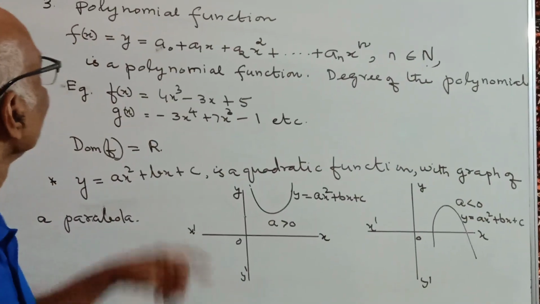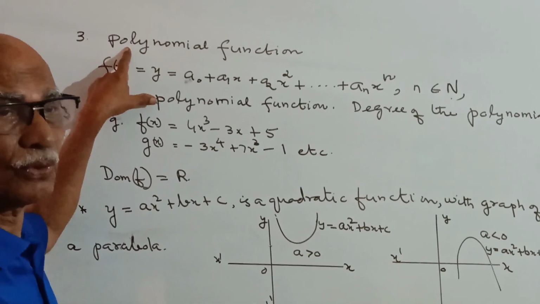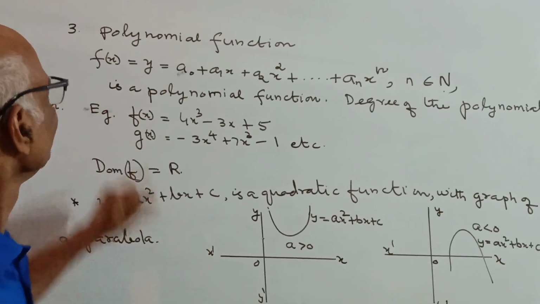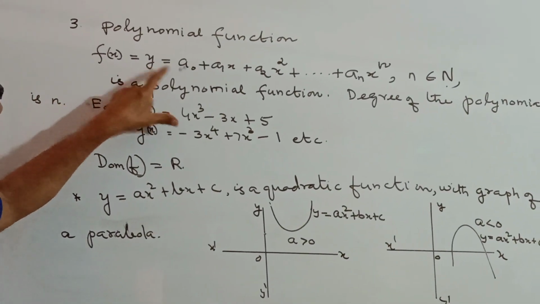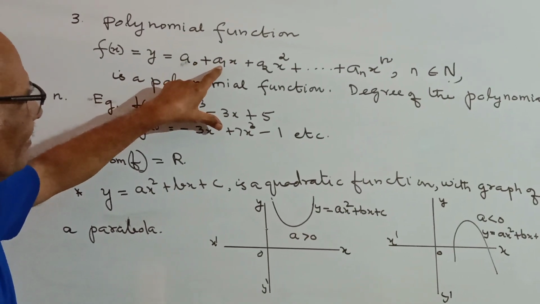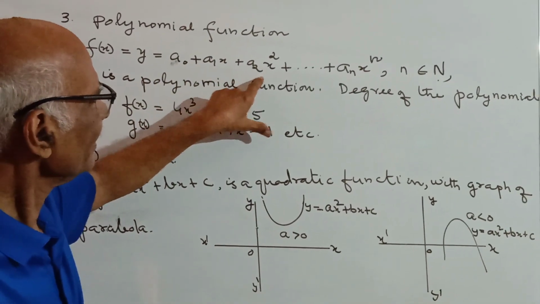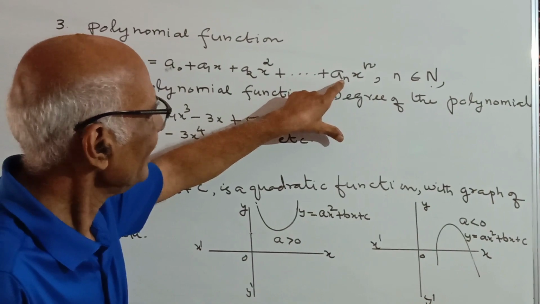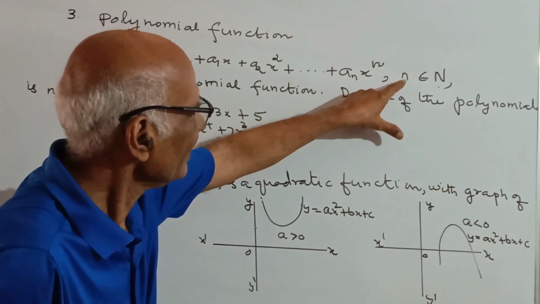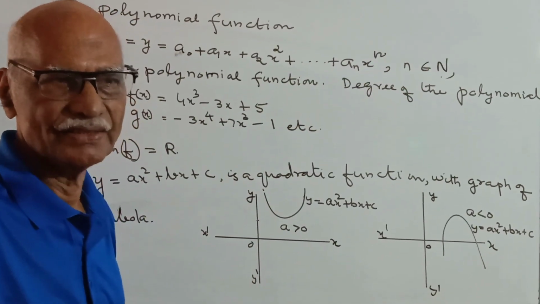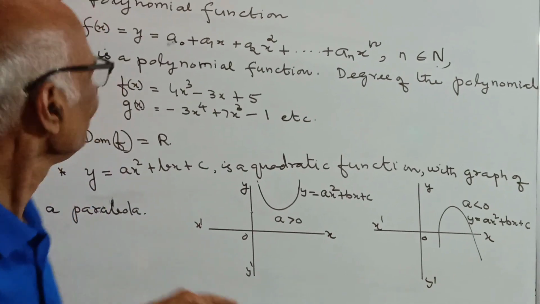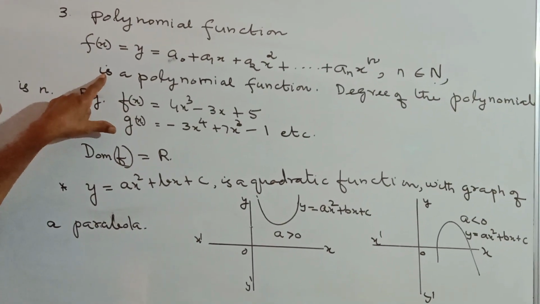Now we consider polynomial function. f(x) equals y equals a0 plus a1 x plus a2 x squared, etcetera, plus an x raised to n, where n is a natural number, n is 1, 2, 3, 4, 5, 6, etcetera, is a polynomial function.